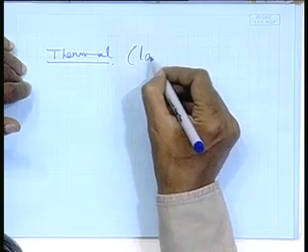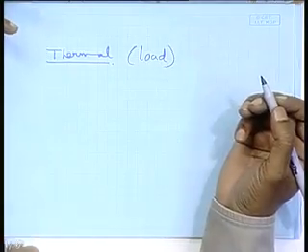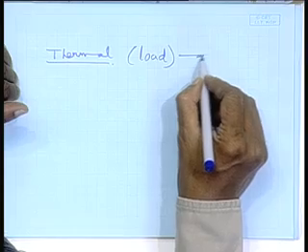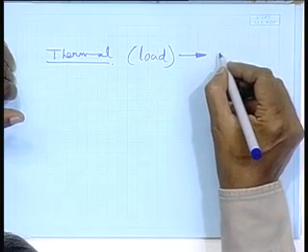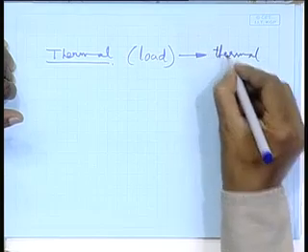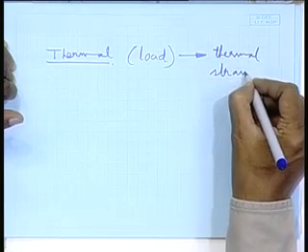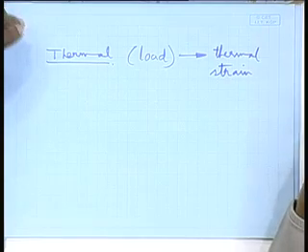In case of thermal, it is essentially a thermal load, which leads to deformation. That means formation of, well, I may mention, thermal strain. Where from am I getting thermal strain?